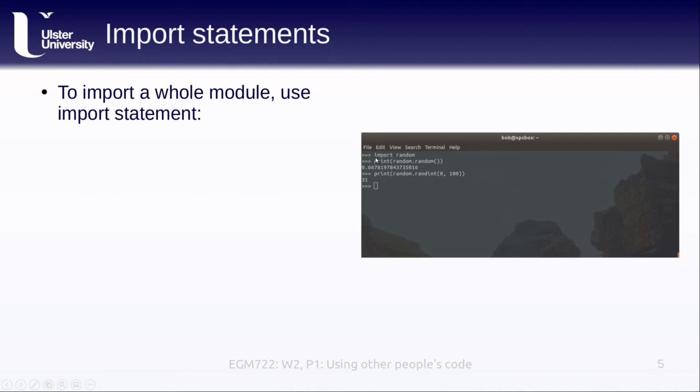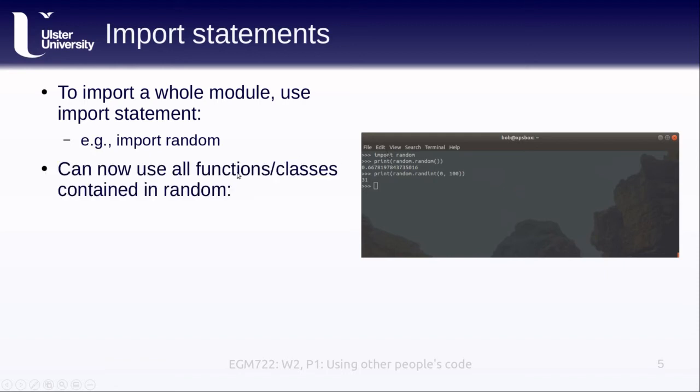This just says to import whatever the name of the module is, and once we have done that, we can then use all of the different functions and classes that are contained in that particular module. So here we're using the random module, and you can see we can use a function called random to print a random number between 0 and 1, or a function called randint, which returns a random integer between the two numbers that you pass to it.